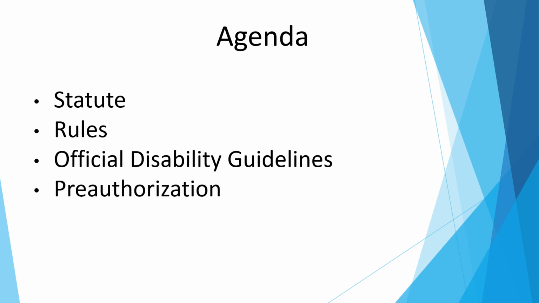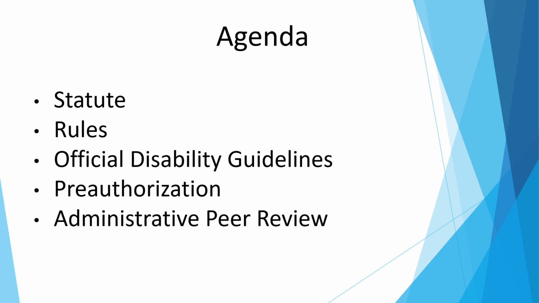I'm going to go into the pre-authorization process. This is going to be brief in this training because my other training is going to go into more detail with the pre-authorization process and what you need to know and what you need to do as a claims adjuster. I'll talk about the administrative peer review process, and finally I'm going to end with a brief overview of disputes and what you should know about disputes throughout the entire process.